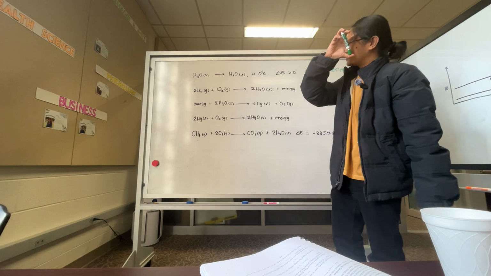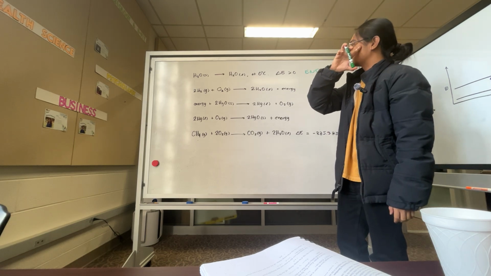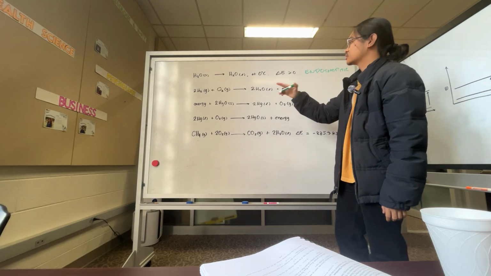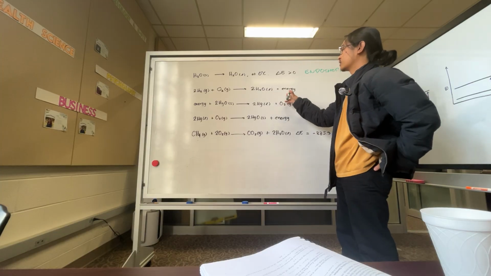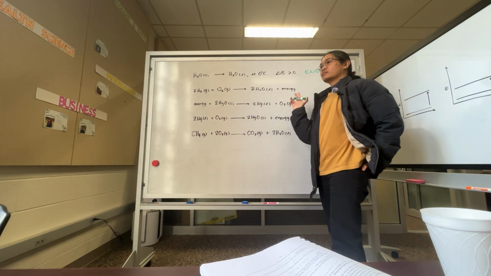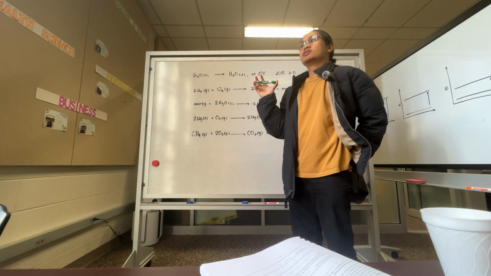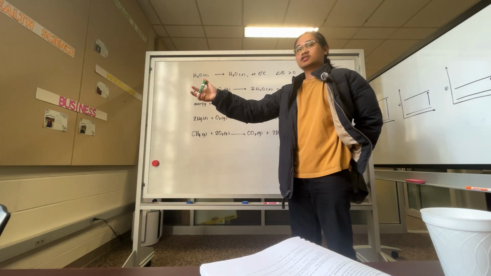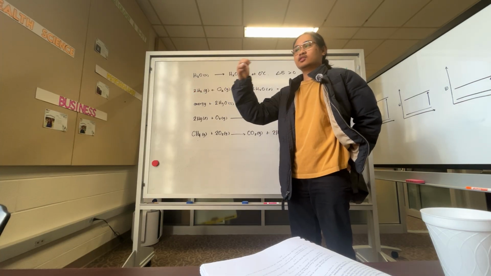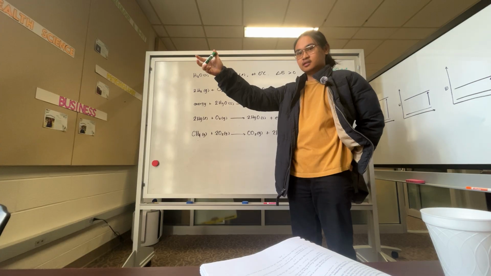What about this one? We have 2H2 gas plus O2 gas becomes H2O liquid plus energy. When your product is energy, what does that mean? You give off energy, right?